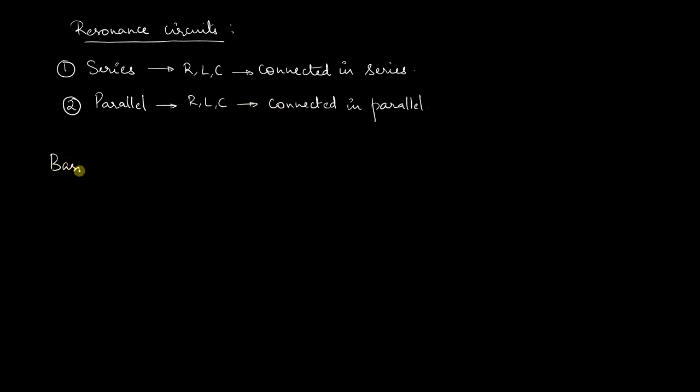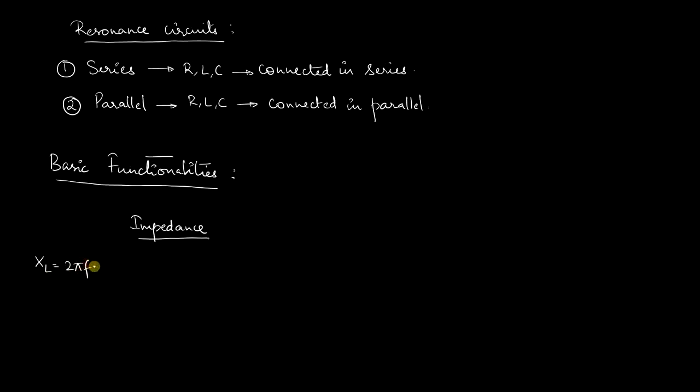The basic functionalities that you should know before we get into these concepts. If you look at the inductor, the reactance is given by XL equal to 2 pi f L. This can be represented as omega L, and the representation in terms of impedance will be j omega L, or I can also write this as jXL, since omega is equal to 2 pi f.